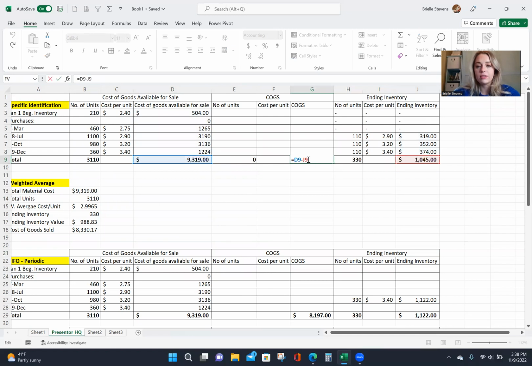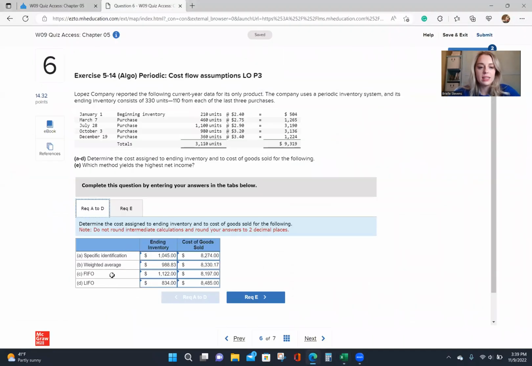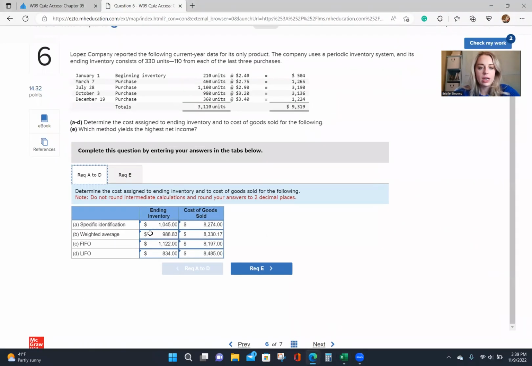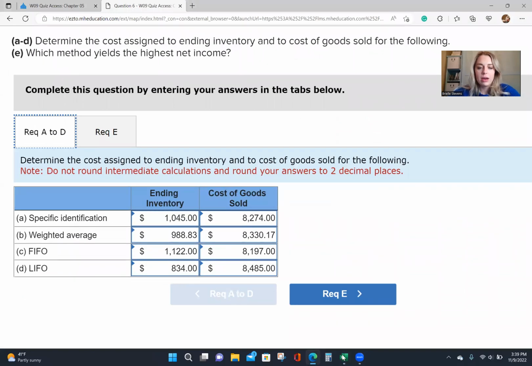So what you can see that I've done here to figure out cost of goods sold is subtracted 9,319, which was given, by 1,045, our ending inventory amount, which is again calculated by what was instructed, those 330 units times the respective prices, for a cost of goods sold of $8,274.